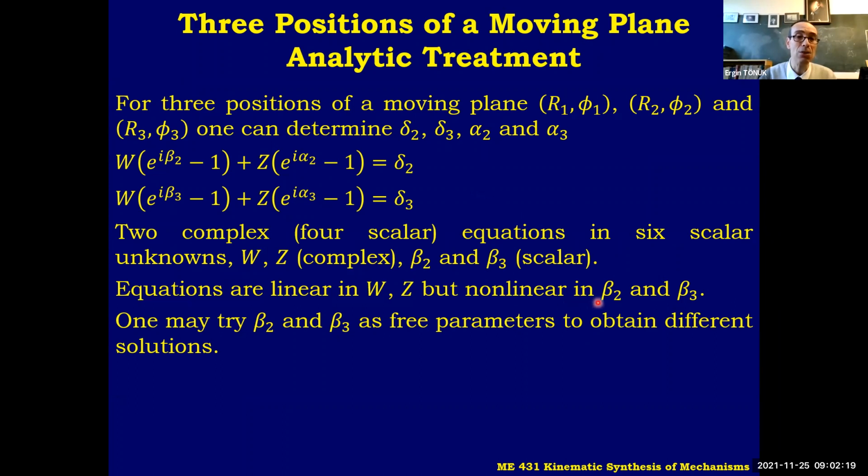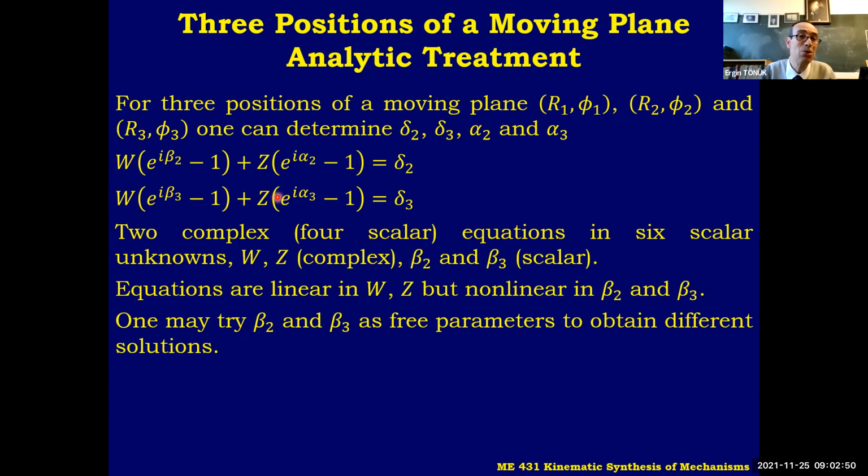We can select the rotation of the cranks arbitrarily as we like. Say it can rotate 30 degrees from position 1 to 2, and it can rotate, I don't know, 75 degrees from position 1 to 3, which might be a trial. Okay, so we can select these, then we can solve for W and Z very easily. Am I right? Because the equations are linear.